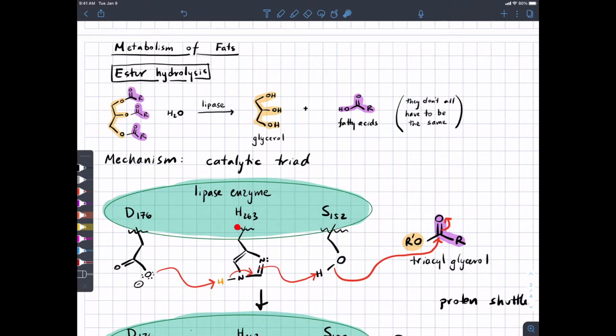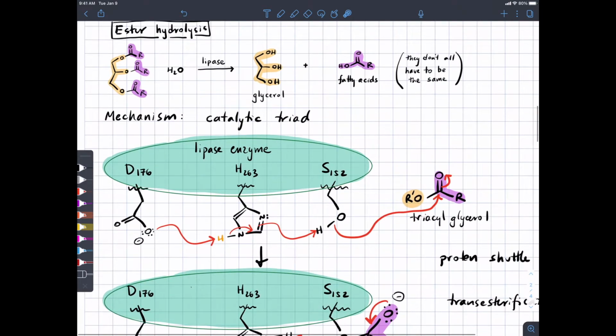Notice that they're not consecutive, which is really kind of cool. When nature makes an active site, the protein chain goes to residue 152, and there's serine, then we swing around back here. Finally, we get to 176, there's aspartate, and then winding around, finally at 263, we've got histidine. So it's kind of complicated how nature arranges for these amino acids to be all in the right spot.